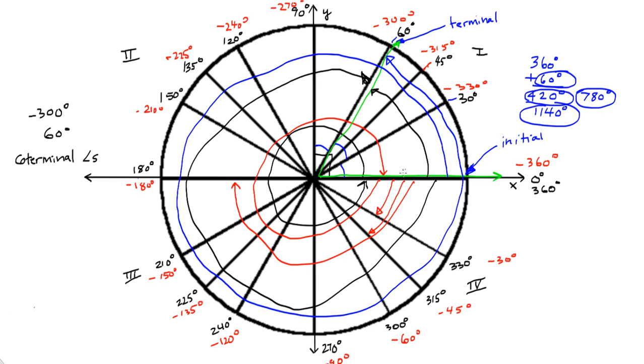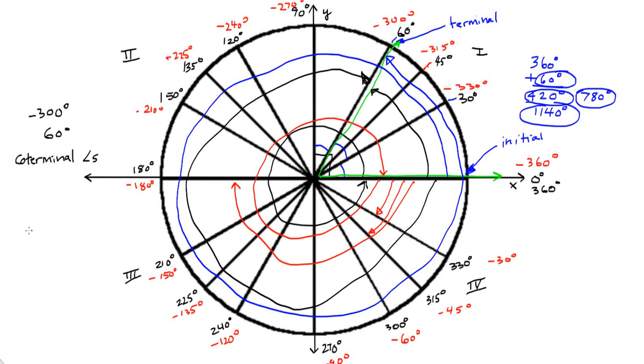We measure angles with respect to the positive x-axis, counterclockwise for positive, clockwise for negative. And to find coterminal angles, you add and subtract multiples of 360 degrees to add full revolutions to those angle measurements. Let's do one quick example.